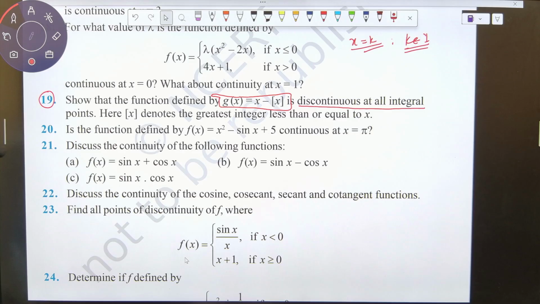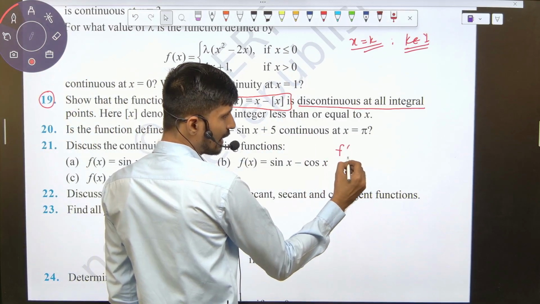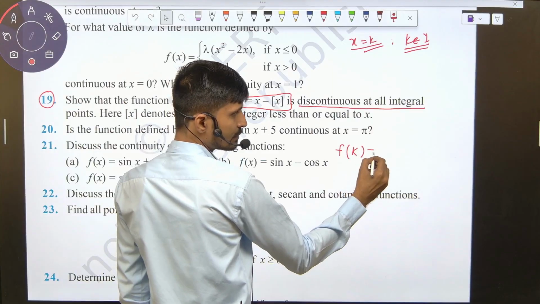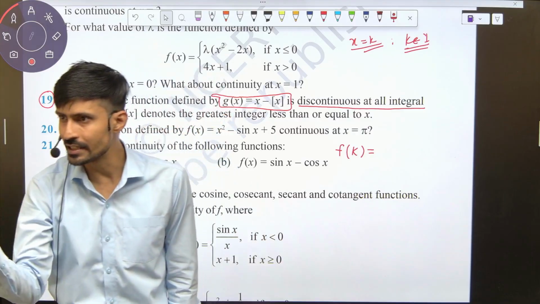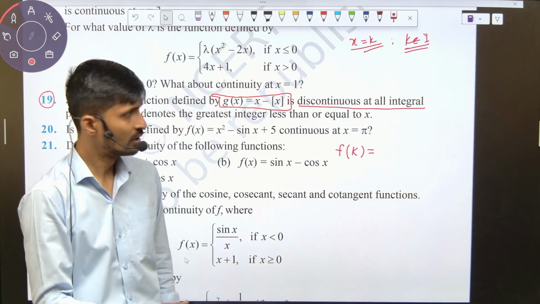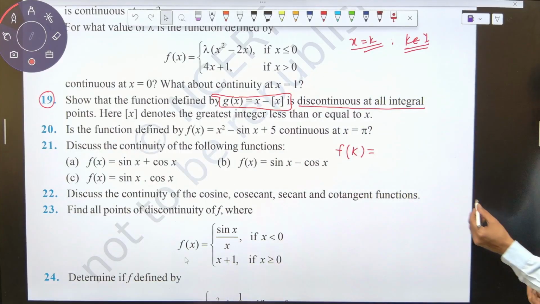Okay. Now I will find g of k. k is an integer like 2, 3, 4, 5, 6, 7, 8, 9. How will I find g of k?